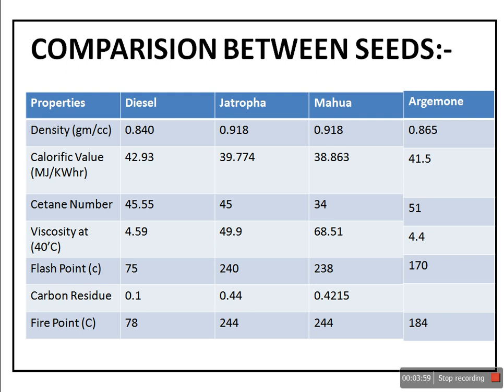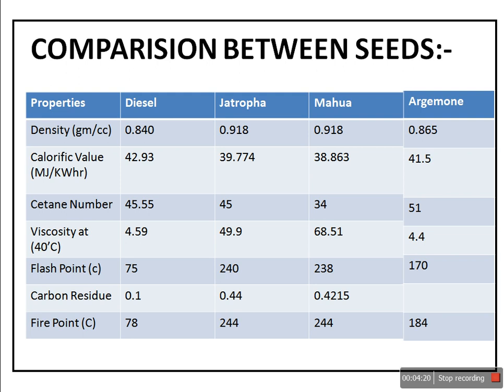Viscosity for the diesel is 4.59, for Jatropha 49.9, Mahua 68.51, Argemone 4.4. Flash point for the diesel 75, Jatropha 240, Mahua 238, Argemone 170.